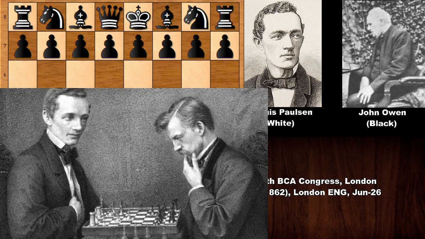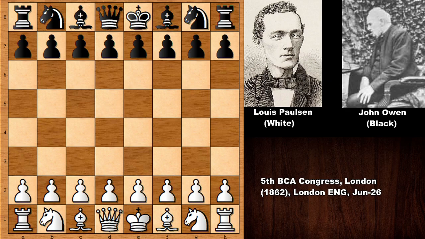And in this little picture, we see Paulsen on the left playing a chess game against Max Lange. And this chess game that I'm about to show you happened in 1862, a very interactive chess game.